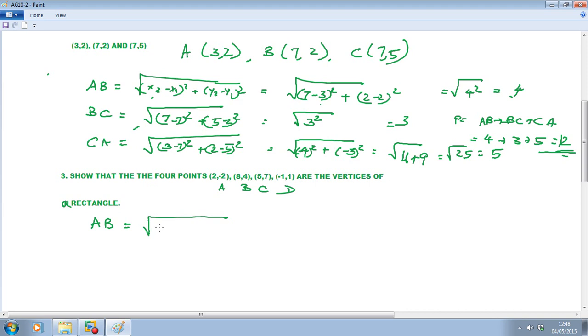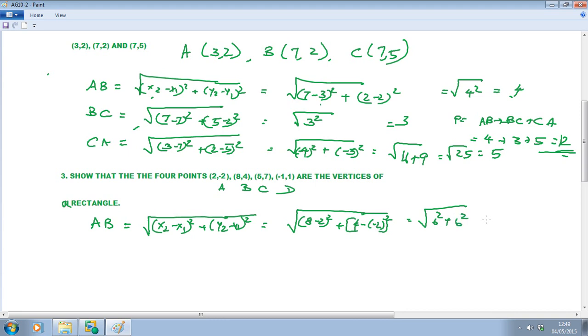So we'll apply the formula: AB is equal to the root of (x2 minus x1) whole square plus (y2 minus y1) whole square, which is the root of (8 minus 2) whole square plus (4 minus of minus 2) whole square. 8 minus 2 is 6 square, plus 4 plus 2 is 6 square.